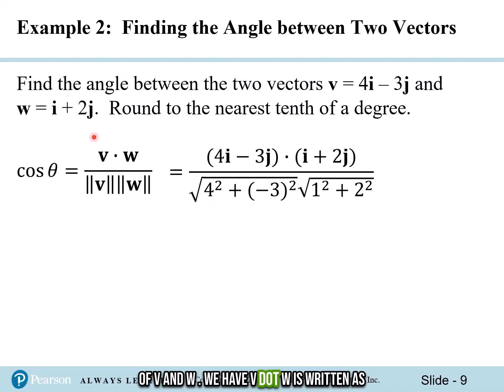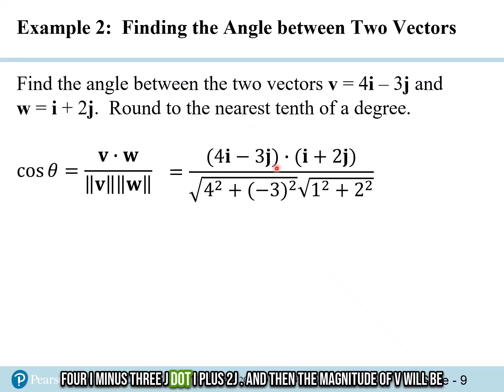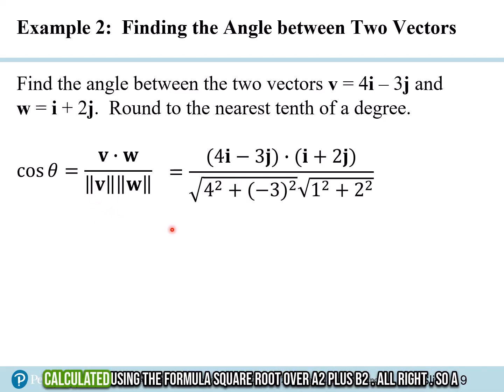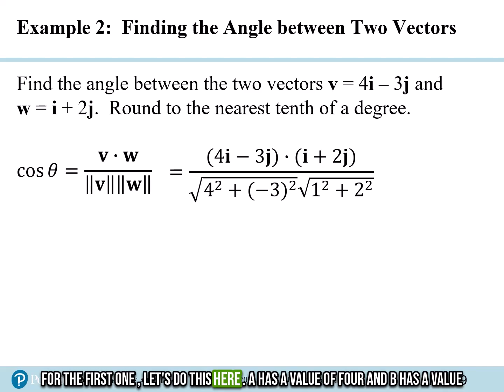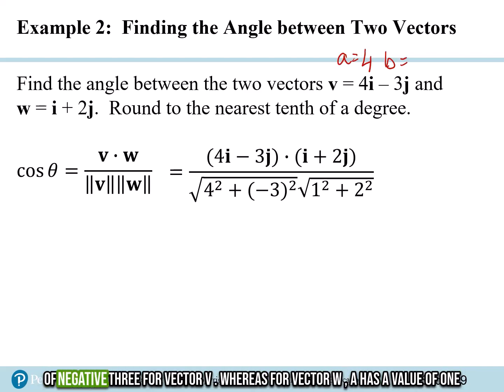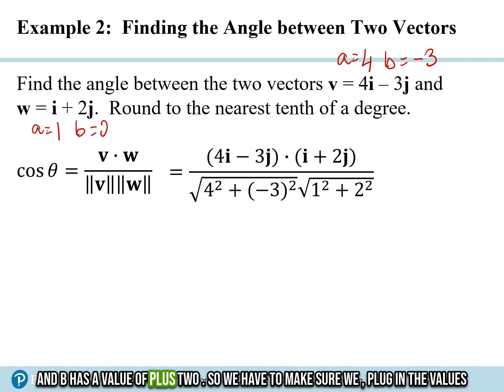We have v dot w written as 4i minus 3j dot i plus 2j, and then the magnitude of v will be calculated using the formula square root of a squared plus b squared. All right, so a for the first one, let's do this here. a has a value of 4 and b has a value of negative 3 for vector v, whereas for vector w, a has a value of 1 and b has a value of positive 2.